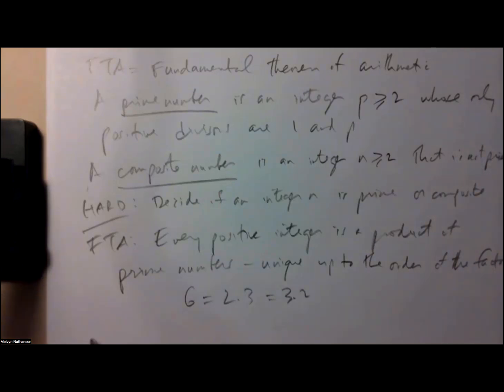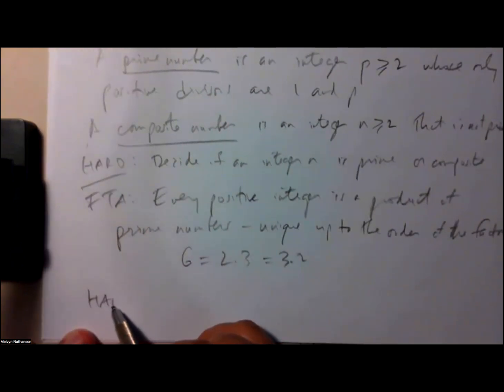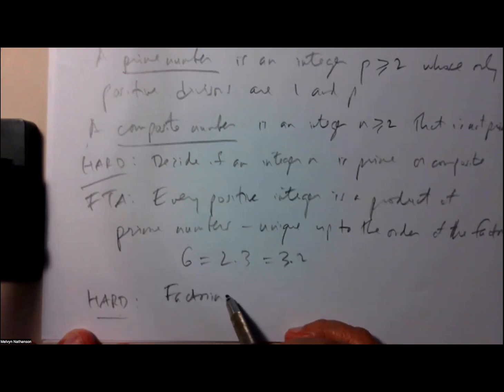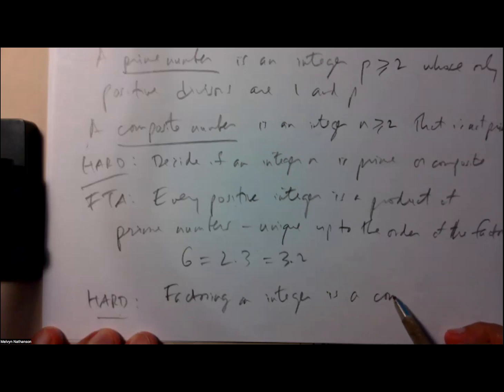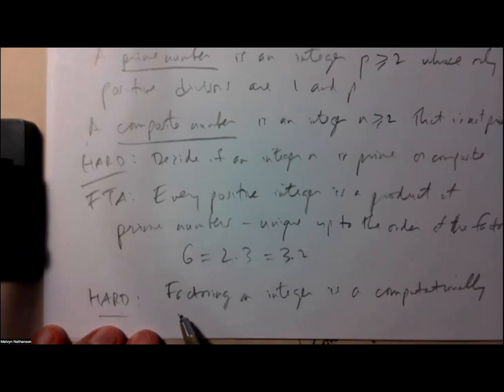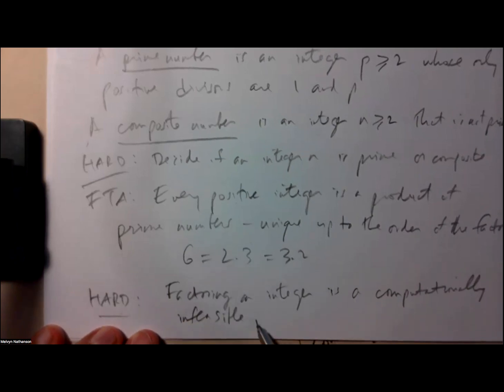And let me also just repeat what is also a very hard problem. Factoring an integer is too hard to do for very large numbers. I mean, the numbers Maple will factor might look large to you, but it is a computationally infeasible problem.